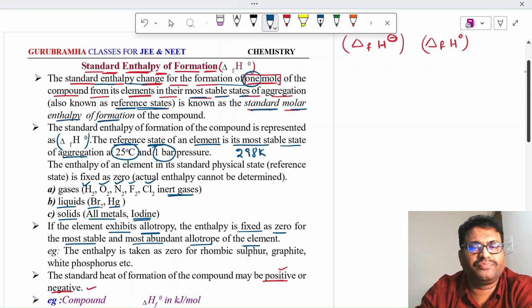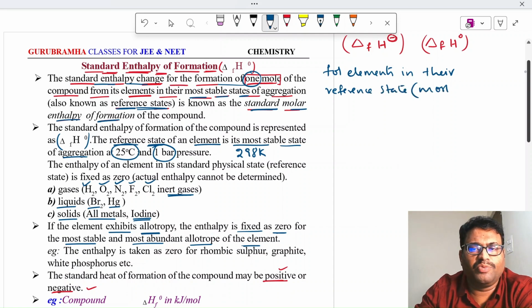Here, it is for elements in their most stable states or reference states, which is called the most stable state. This is applicable for only elements.